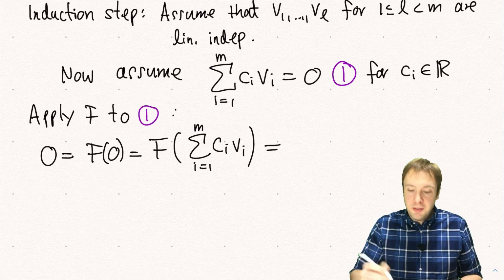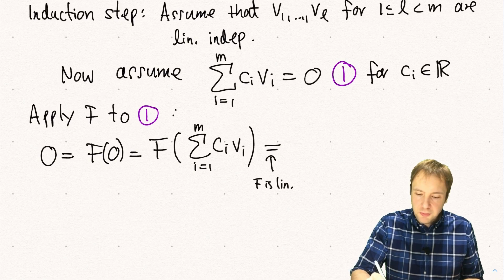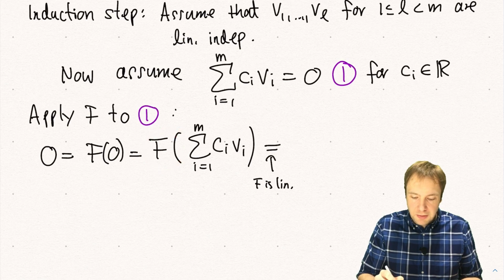Now f is a linear map, so I can apply f to the summands, and here I have a scalar ci times a vector.